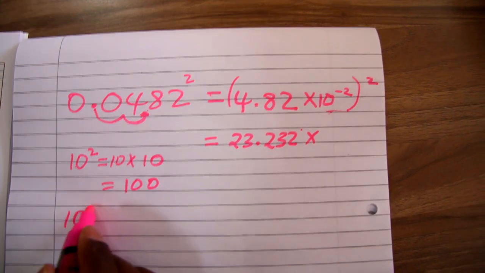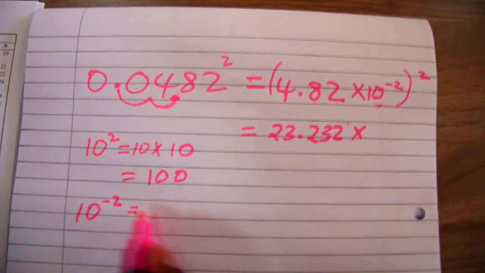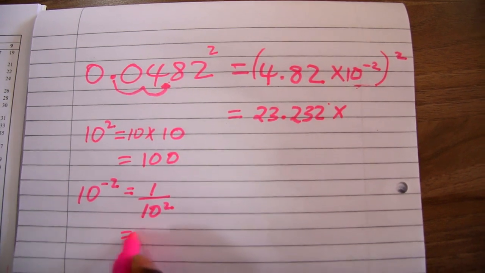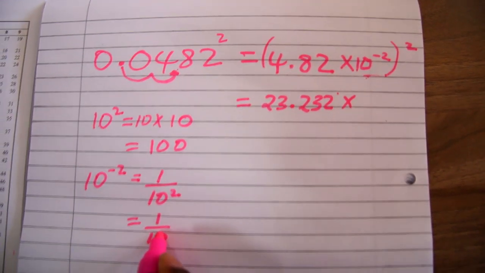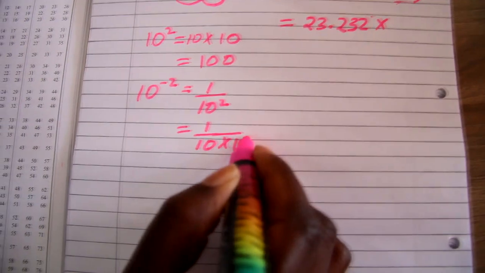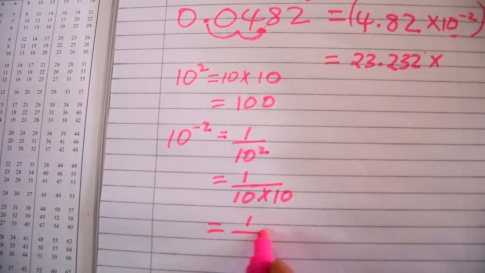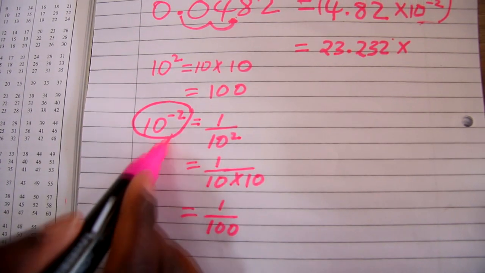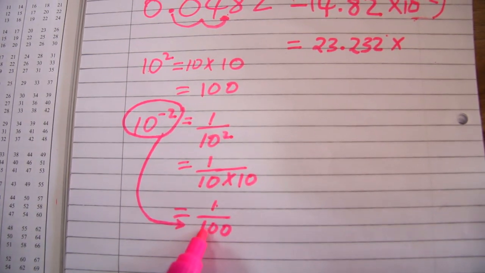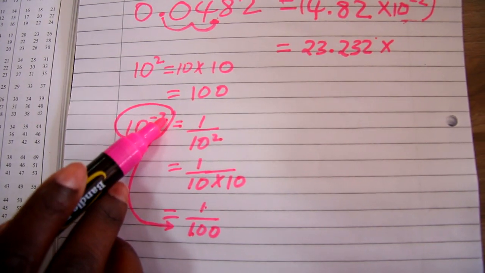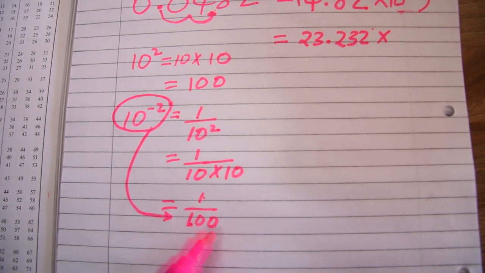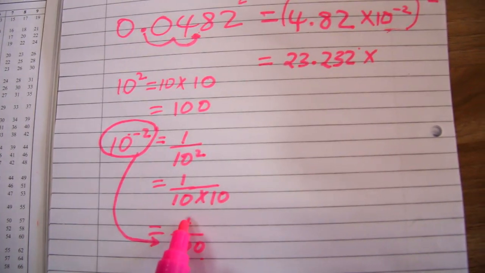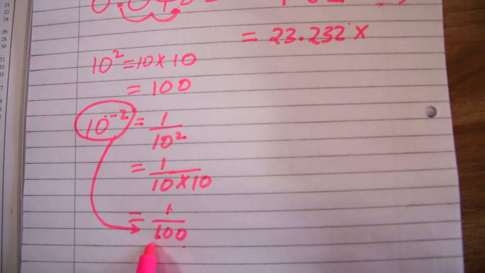Now 10 power negative 2 is the same as 1 over 10 squared, which is equal to 1 over 10, right, times 10, which is equal to 1 over 100. So 10 power negative 2 is the same as 1 over 100. You notice that this is 2, and here we have 2 zeros in the 100. Then because it's a negative in the power, that's why we are having a fraction, right?